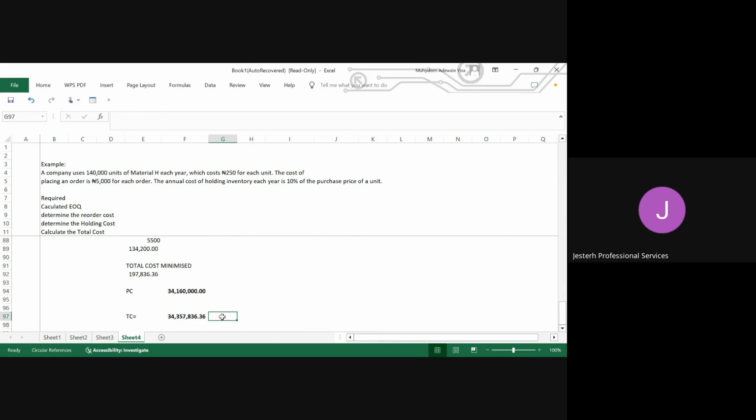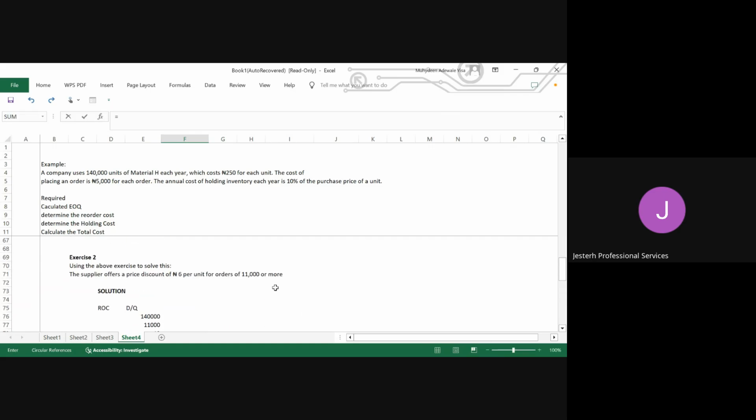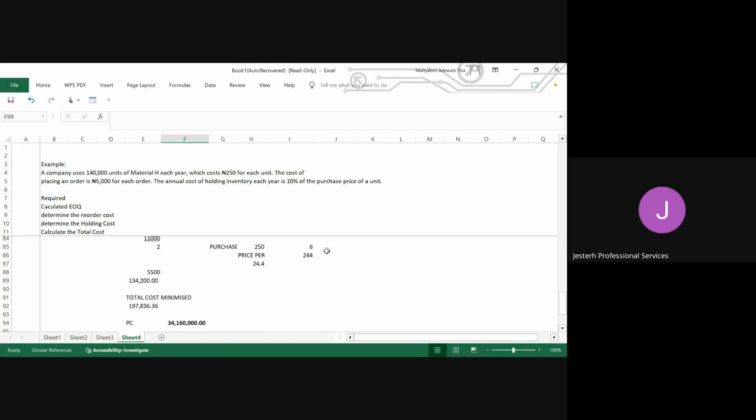Now, when we receive discounts, and then when we did not receive our discounts, the total cost will come in. Now you see the differences.